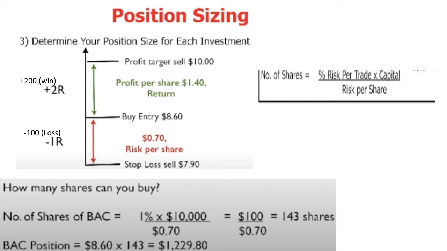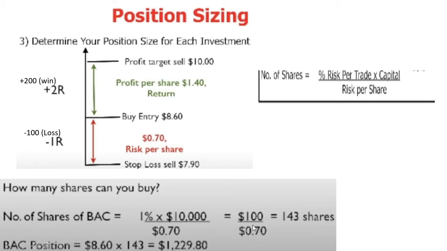So now we're using 1% of risk on our $10,000 account. So 1% times our $10,000 capital is $100, right? That's the risk on our entire trade.